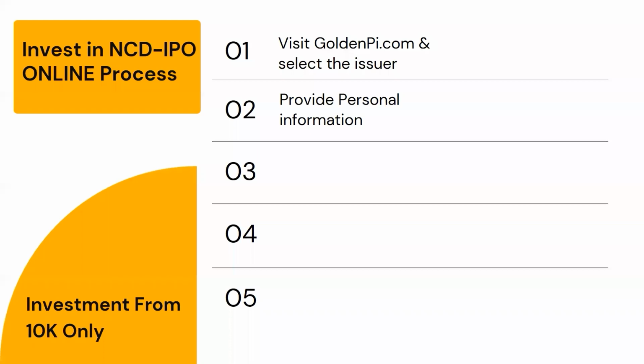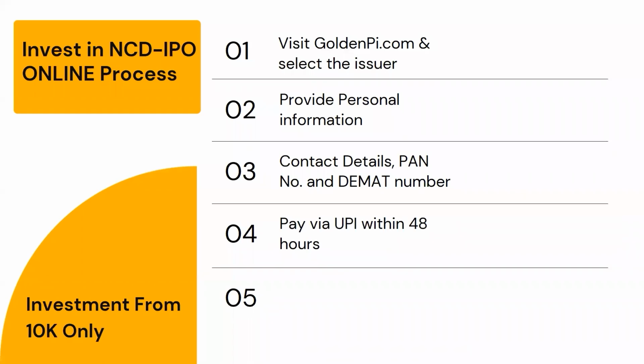Then you have to enter your information, which is email ID and phone number, because these are the two reach-out points through which you will get information about your application, allotment, cancellation, if any, all those details. Third, you have to enter your PAN number and DMAT number. This is the DMAT account where, on successful allotment, the NCDs will be credited and held till maturity.